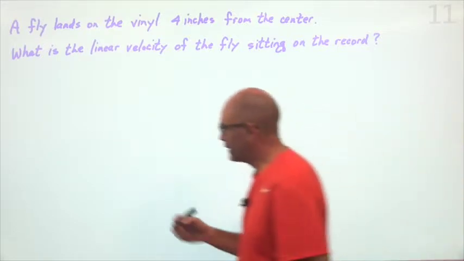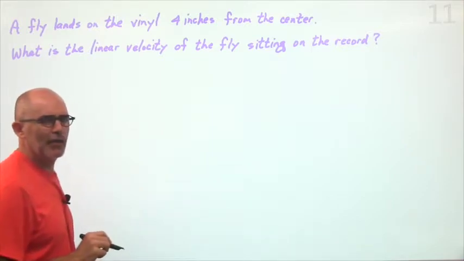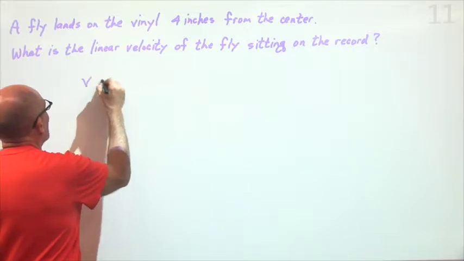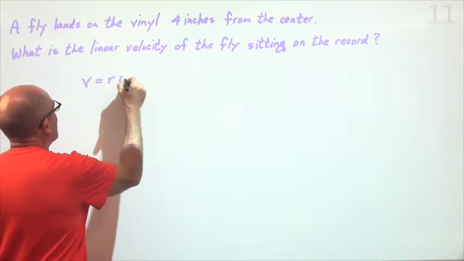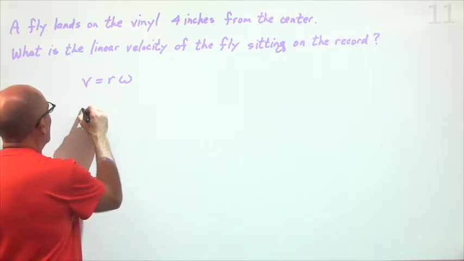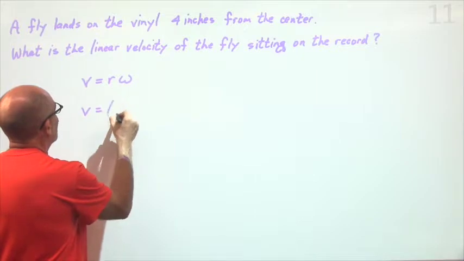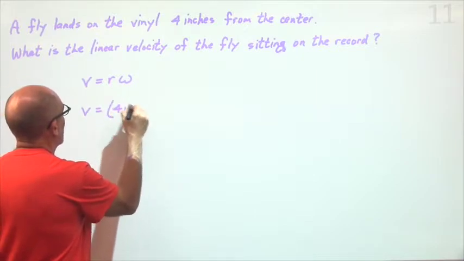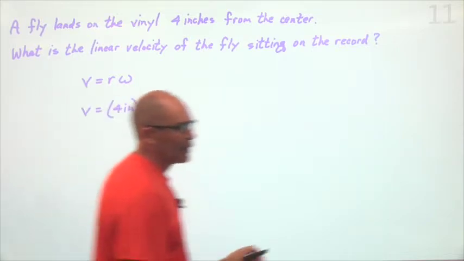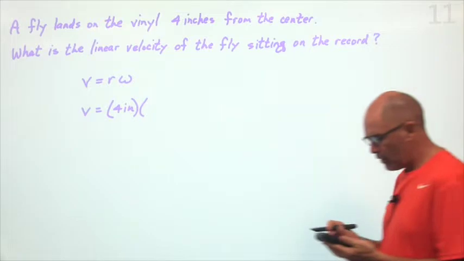Well, let's do this then. What was that formula that you memorized? Ah, that's right. It's velocity equals r omega. So the velocity of the fly is going to be r, which is 4 inches, times omega, which you already have in your calculator, is 3.49.